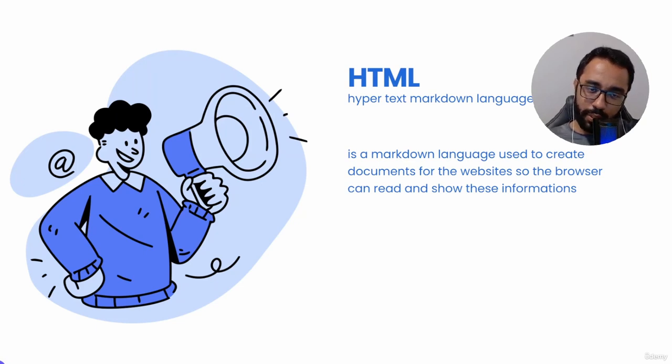It just opens as another window in a different size from a website, because this is a PDF. This is not HTML. HTML is another type of file, a markup file used to create documents for websites so the browser can read and show this information for you. So every website that you access was created using HTML. You can use preprocessors, libraries, programming languages, everything else, but at the core, it uses HTML.